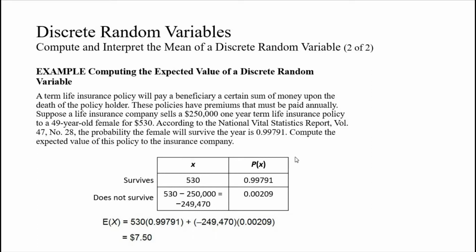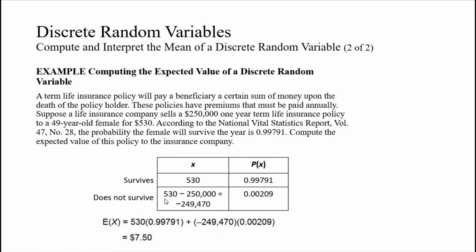To compute the expected value to the insurance company, we're going to create a discrete probability distribution. We have two possibilities: the female surviving or the female not surviving. If the female survives, then the insurance company is going to get the $530, and the probability for that is provided in the question.